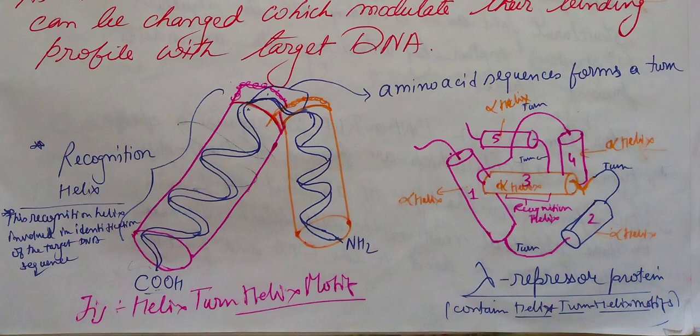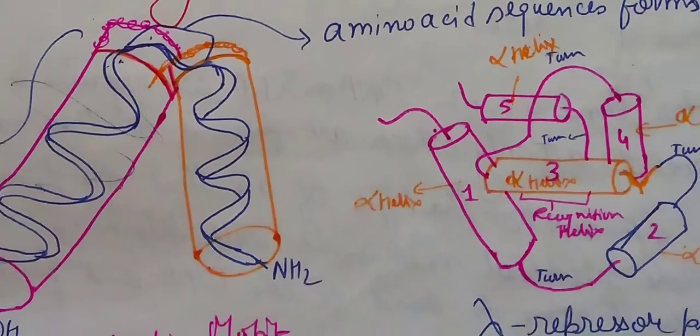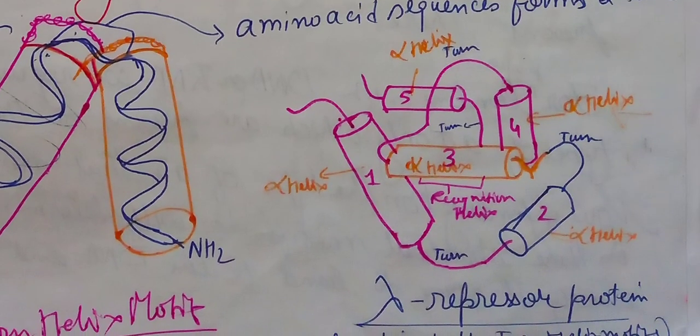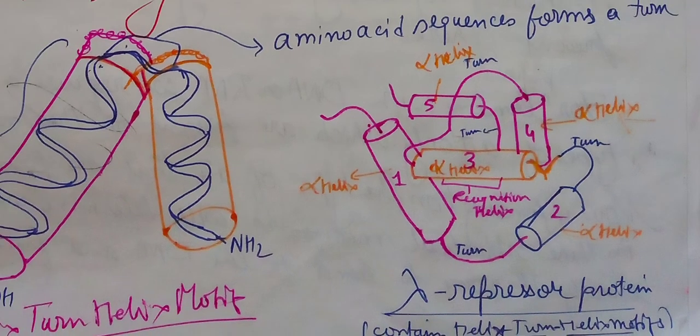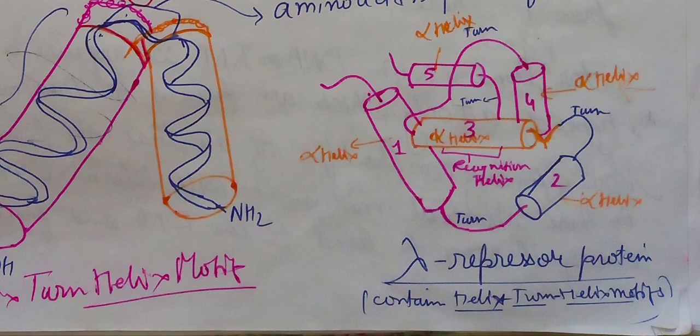You also have to see the right figure, where this helix-turn-helix motif can be made up of many alpha helices, not only two but much more than two, as you can see in the lambda repressor protein.